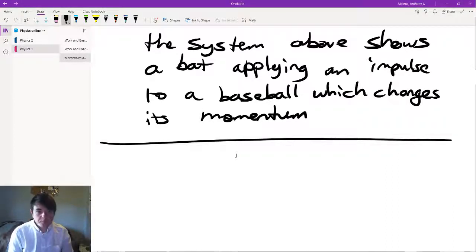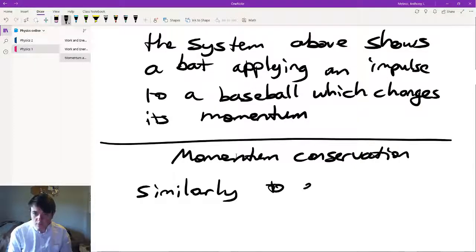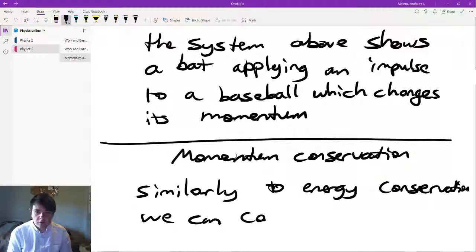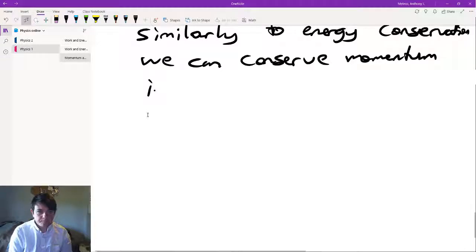Concept number 2 is momentum conservation. Okay. So this is similar to energy conservation, right? We can conserve momentum in collisions, okay?